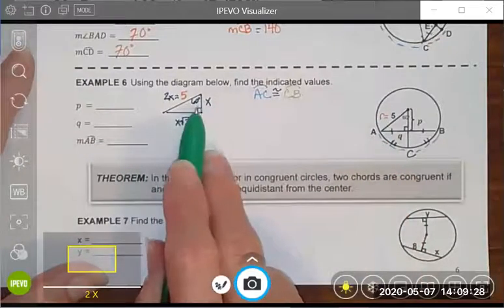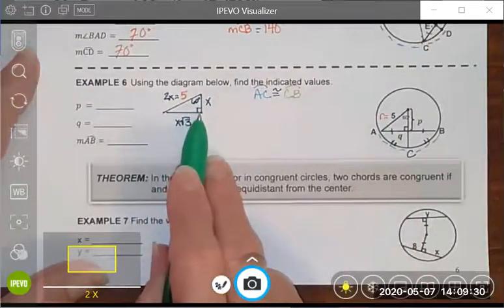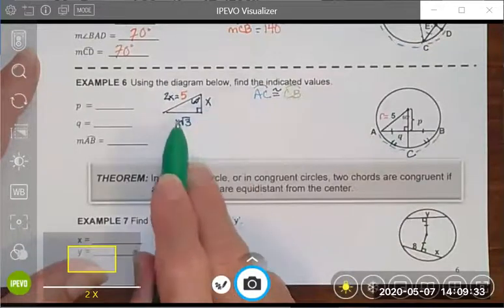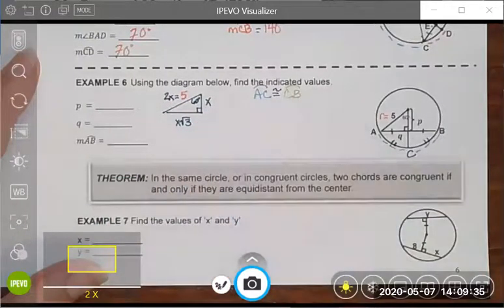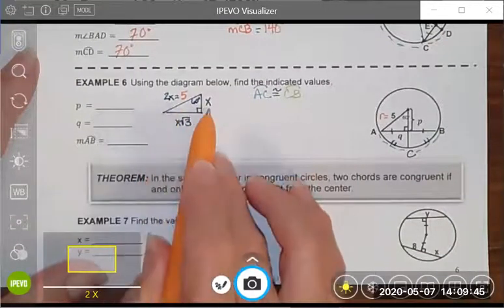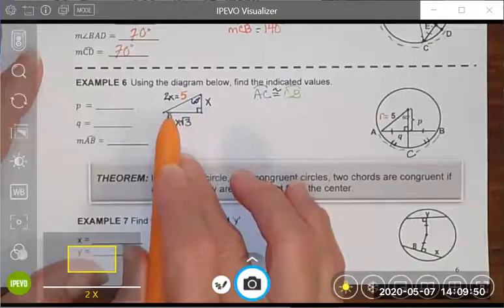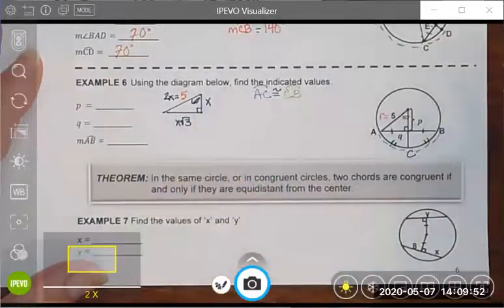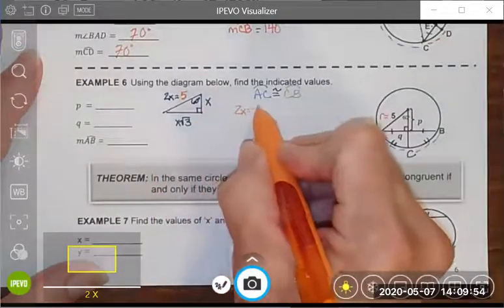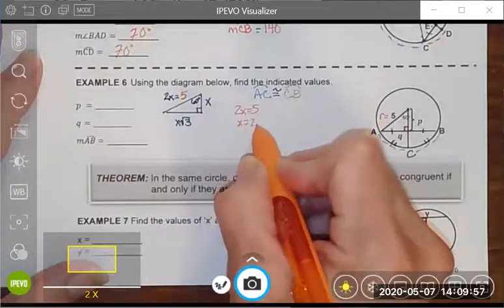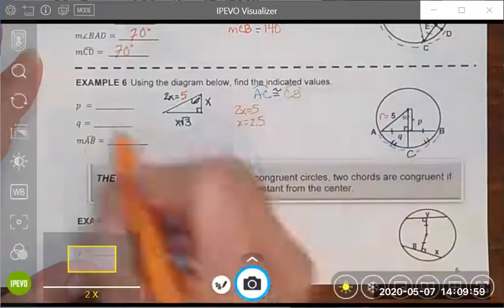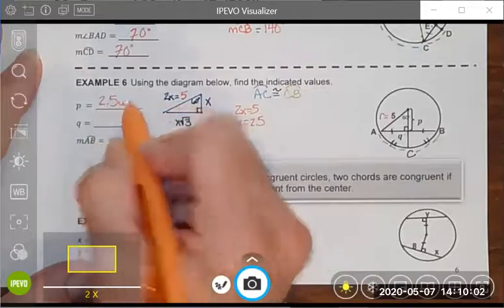And because they gave me this as a 60-degree angle in a right triangle, I can use my 30-60-90 special relationship to help me figure out what they're asking me here. So I divide by 2 to find the measure of x, which is the side across from my 30-degree angle. In this case, if 2x equals 5, then x equals 2.5. So P is going to measure 2.5 units.